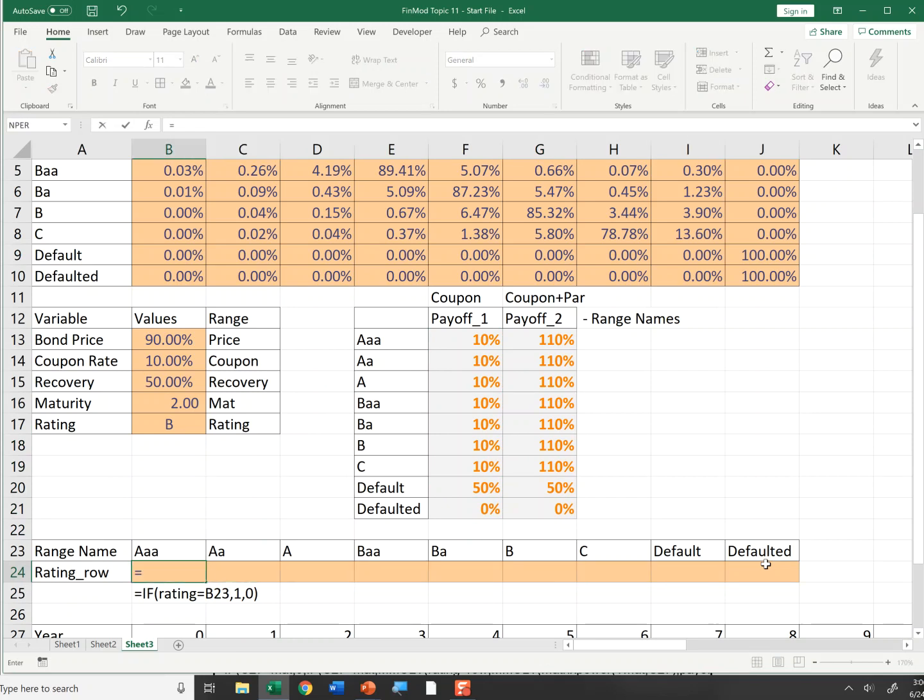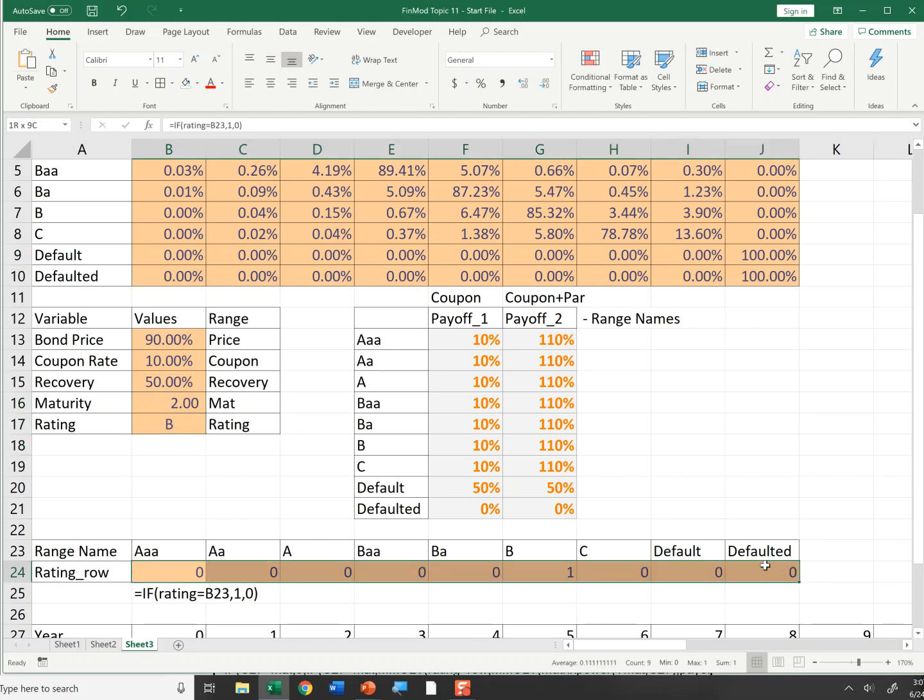I'm going to say equals if this rating right here is equal to this rating that's going to change, make that a 1, else put a 0 in that cell. So all this does is it puts a 1 under B, and if this were a C-rated bond, it would put the 1 where C is. I'll make it a B-rated bond. And I'm going to change this to calculation now.